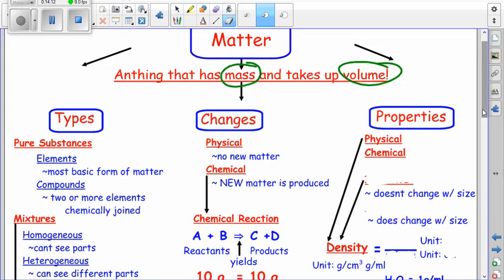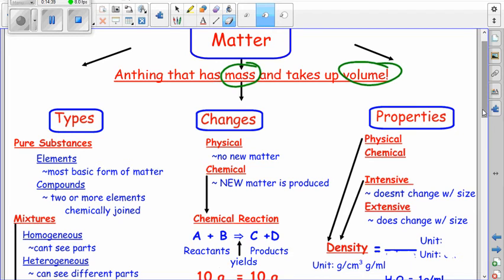Hey, Uzama, what type of property doesn't change with the size? Woo! Look at you, smarty pants. Love it. And extensive does change with the size. Density is physical because you can find the density of something without changing what that something is. Density is also intensive because it doesn't matter how much of the stuff you have, density does not change. So for example, a whole golf ball and a half golf ball have the same density.